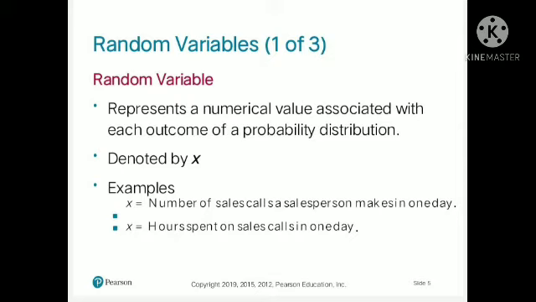It represents a numerical value associated with each outcome of a probability distribution. It is usually denoted by X. Examples: X is equal to the number of sale calls a person makes in one day. X is equal to hours spent on sale calls in one day.